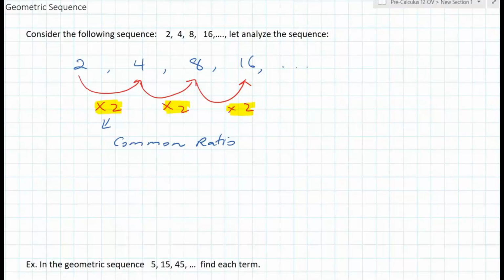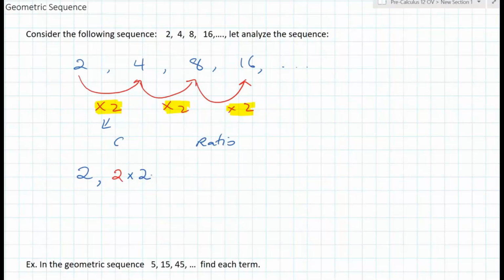All right, so basically to get each term, let's rewrite the 2, 4, 8, 16 in terms of the very first term. So the first term will be 2, but the second term will be 2, and then you're multiplying it by the first term.